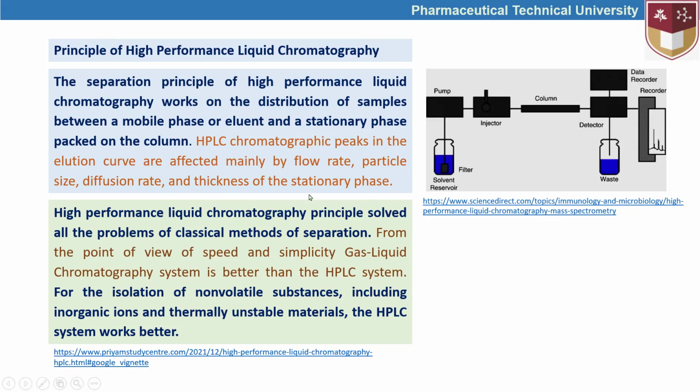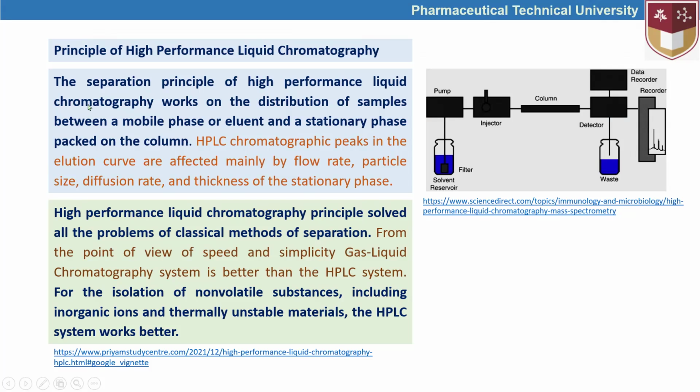Again, the main mechanism of identification by using HPLC is based on the retention time of the exact compound in the exact condition, including the exact flow rate, the exact solvent, the exact ratio of the solvent, and so on. So the retention time is expected to be standard for the same compound under the same condition.